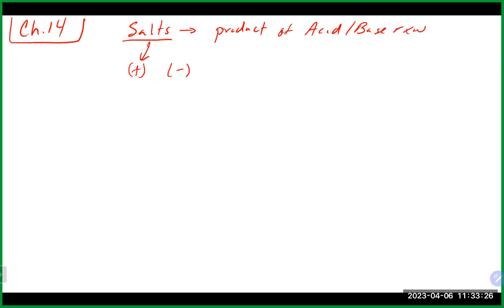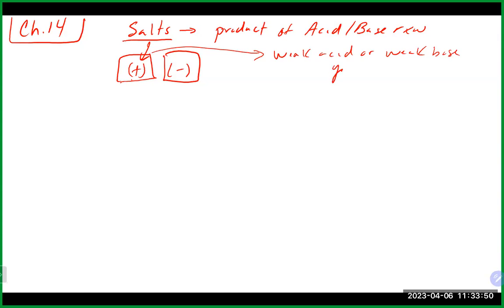The thing we can use to help us determine whether or not the salt will go through hydrolysis is where it came from. So once again, if either the positive guy or the negative guy originated from a weak acid or a weak base, then the answer is yes, it will go through hydrolysis.